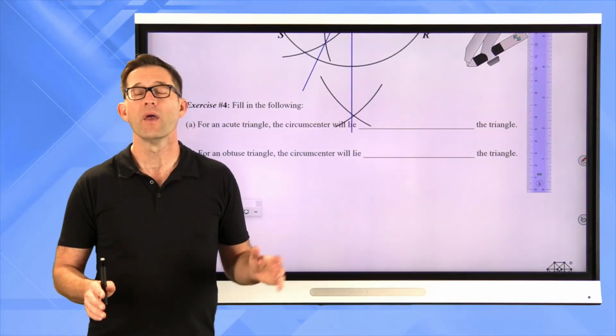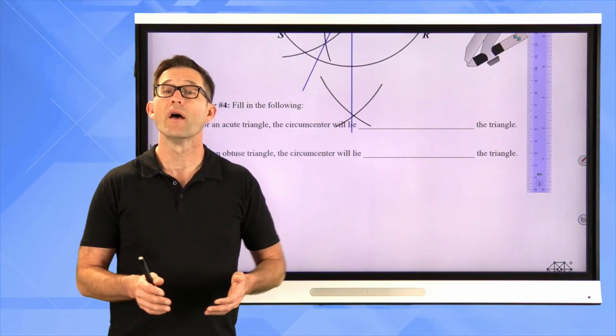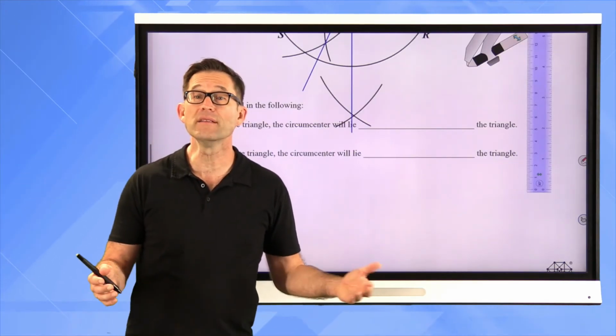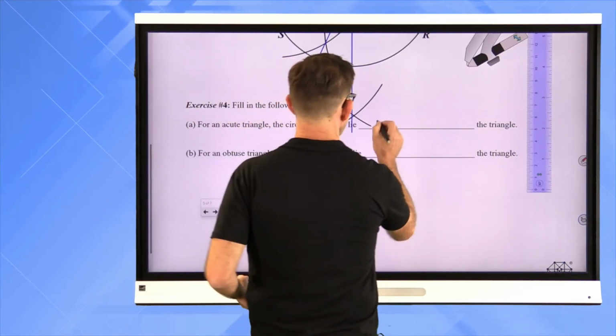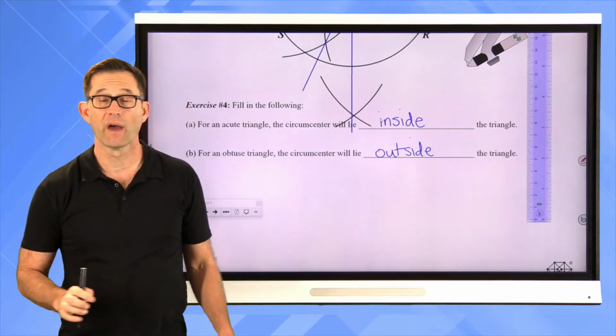All right, well, our first two examples, we were working with acute triangles and the circumcenter lay inside the triangle. So it lies inside the triangle. And an obtuse triangle, which we just did, will lie outside the triangle. And it's that simple.